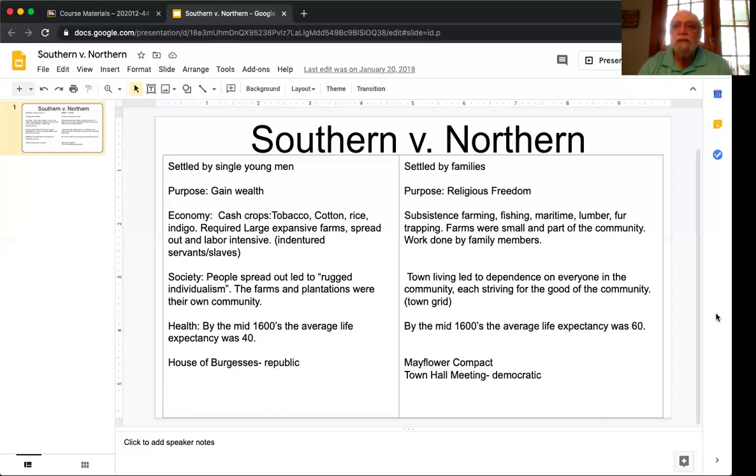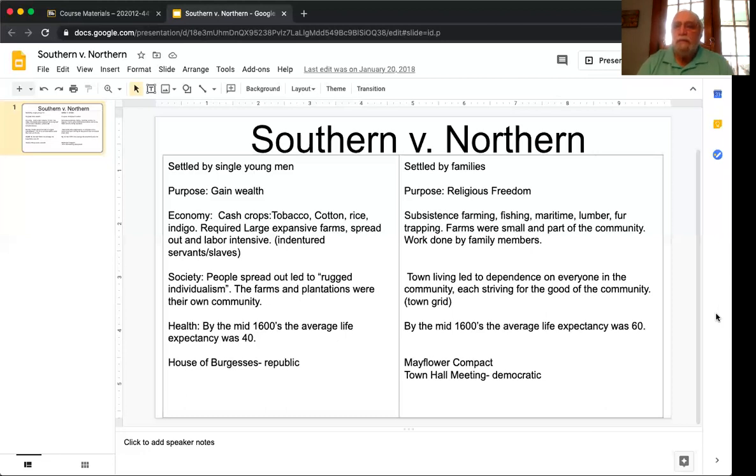They create towns and villages. They grid out the towns and villages so everybody has a piece of land. They grid out a chunk of land for the church and for the school, and the community supports one another. So their religion is their glue that holds them all together.